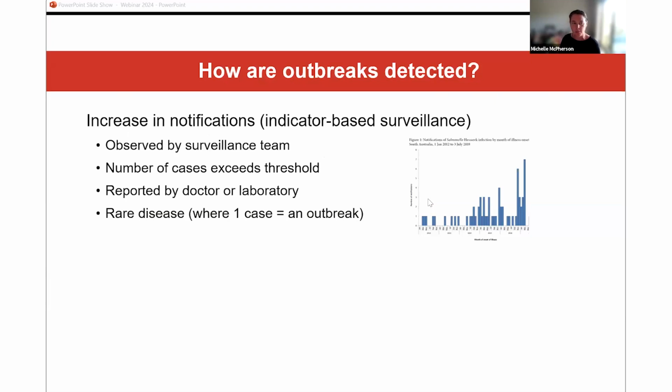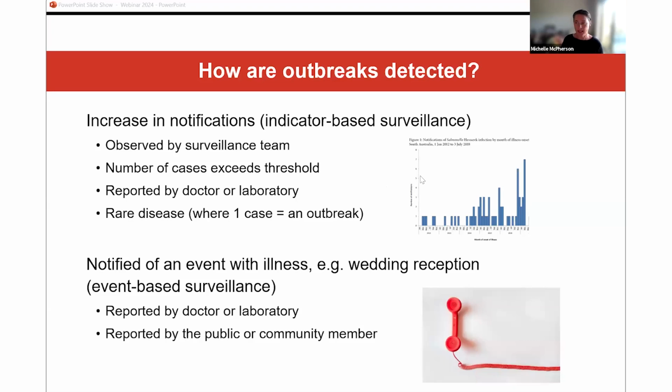In Australia and many countries, we have indicator-based surveillance systems, where in Australia, I think it's between 60 and 80, depending on what jurisdiction you're in, diseases are mandated to be reported to the health department. At the health department, these diseases are monitored, and as you can see in the figure, if there is any increase, they're then investigated as a potential outbreak.